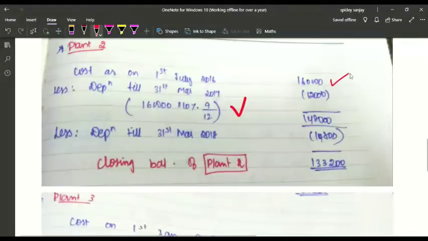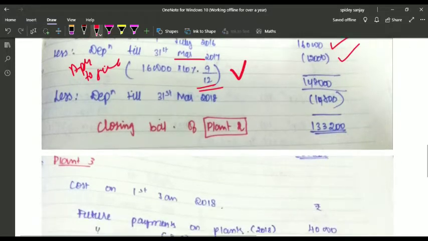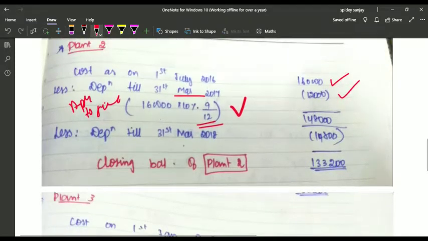Since it was purchased on July 1st, April to June there is no depreciation, so we calculate for July to March, 9 months, and then reduce the depreciation for 31st March 2018. So we are computing the closing balance for plant 2.